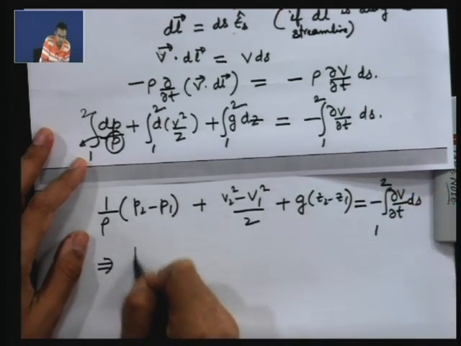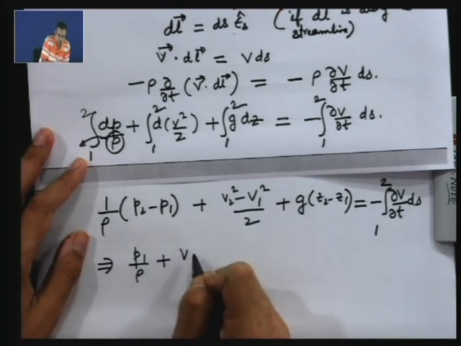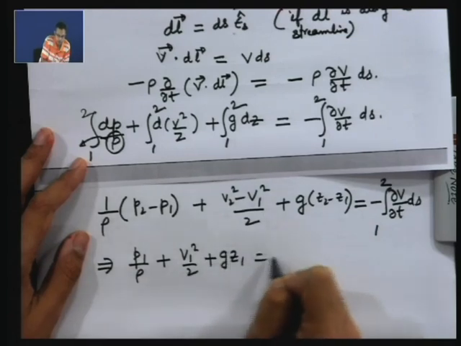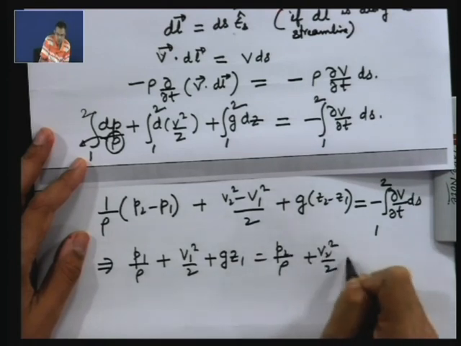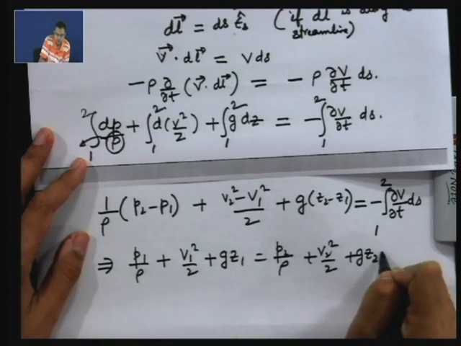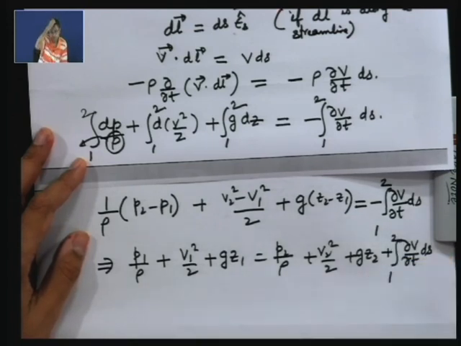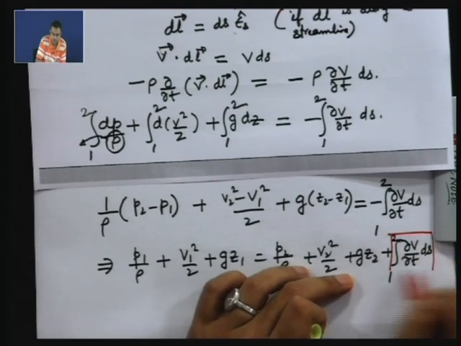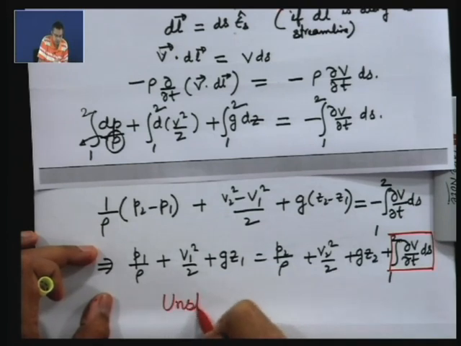That means P1 by rho plus V1 square by 2 plus GZ1 is equal to P2 by rho plus V2 square by 2 plus GZ2 plus integral of del V del T ds. So, we have this extra term beyond the standard Bernoulli's equation. This equation is known as unsteady Bernoulli's equation.